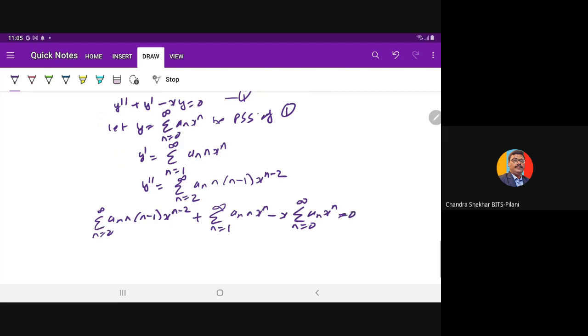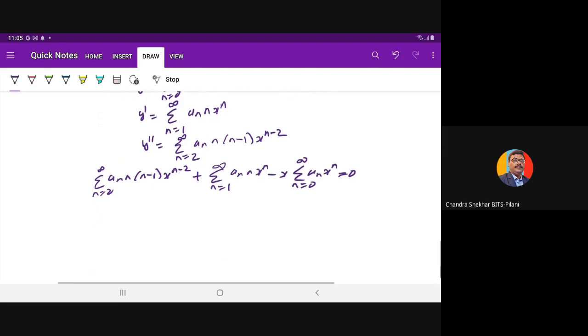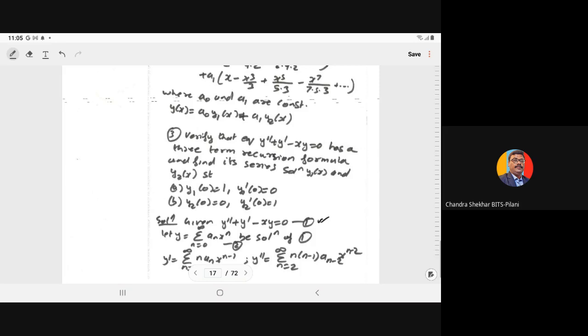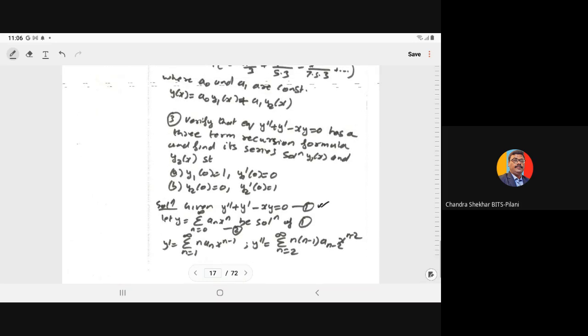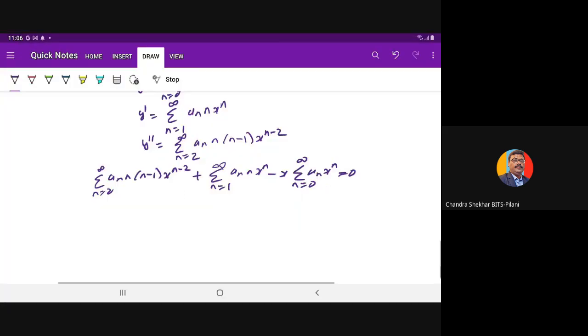So after this what we have to do? We have to make all the powers of x as x to power n. So from the first, y double dash, we put n is equal to n plus 2.